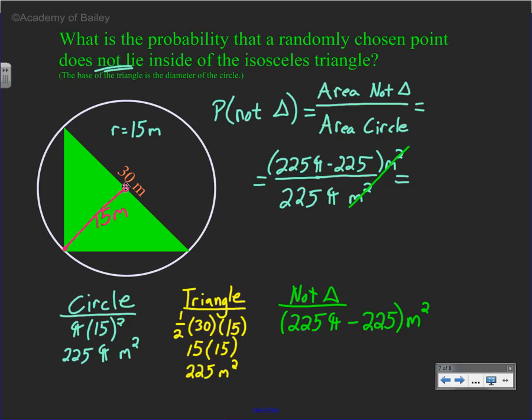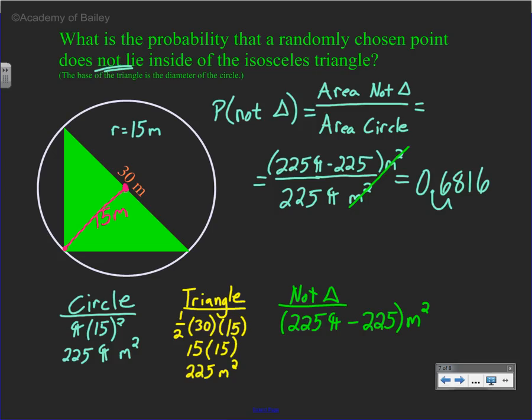And then when you divide that by 225 pi, you should get 0.6816.